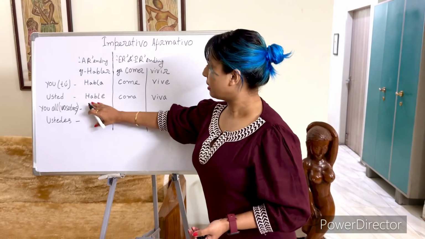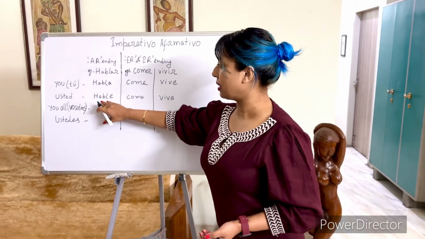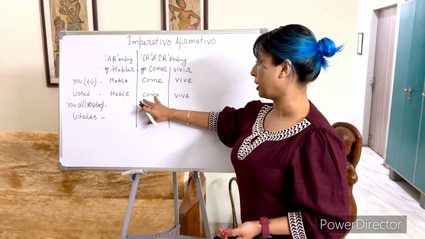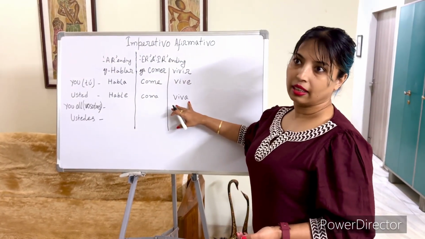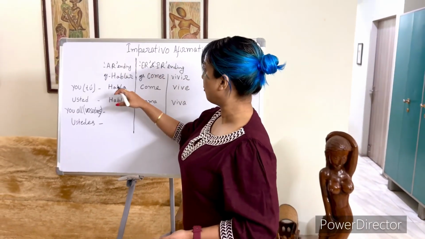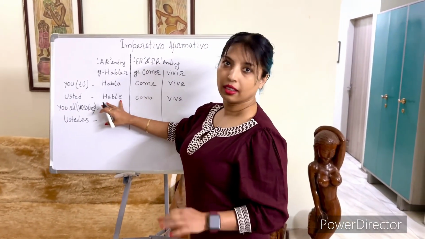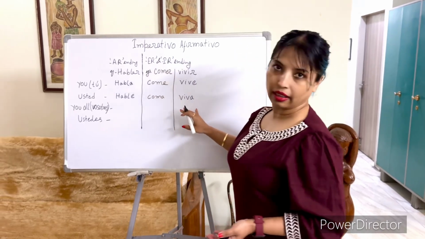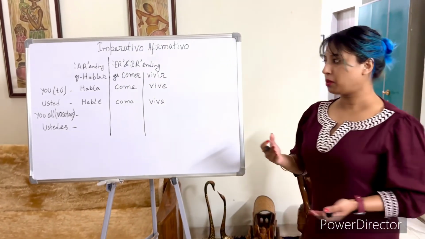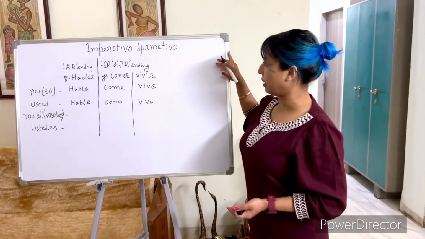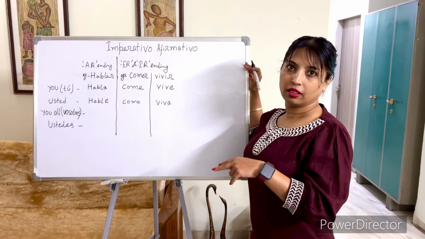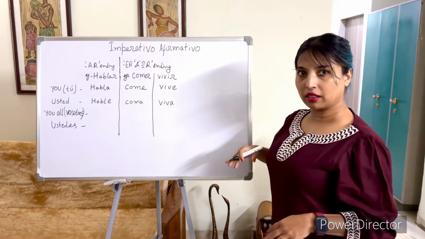It is very important to remember that this is the yo form conjugation you have to take everywhere. You can never think like, I'll take the infinitive form of the verb and change it with E or A, because there are situations when the yo form conjugation is different from the infinitive and from other forms.